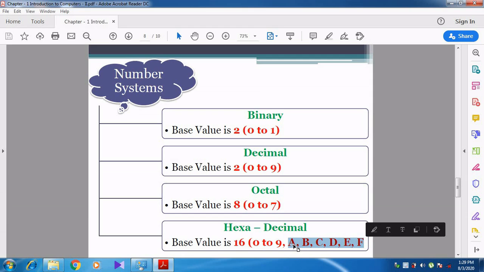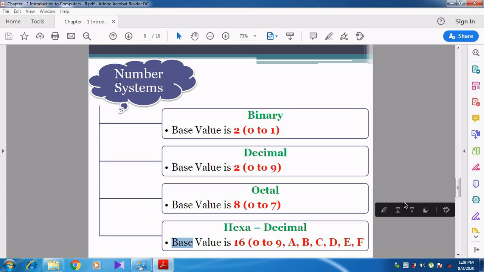That is, 10 represents A, 11 represents B, 12 represents C, 13 represents D, 14 represents E, 15 represents F. So 0 to 15 is represented by 0 to 9, and after 9 by the alphabets A, B, C, D, E, F. So totally there are four number systems. What are they? Binary, decimal, octal, and hexadecimal.